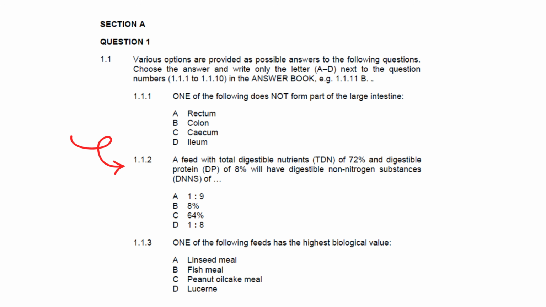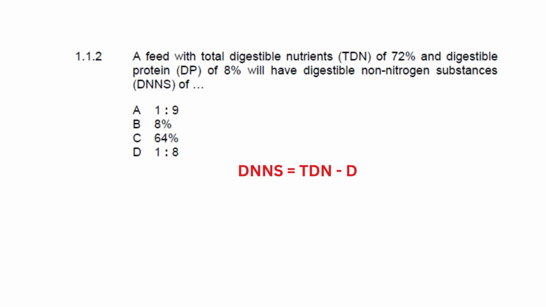Now, what does this mean? This one needs you to have a piece of paper. In your exam book, you will have somewhere to write it down, because you have to do a quick calculation, or you can calculate it in your head. The digestible non-nitrogenous substances is equal to the TDN, the total digestible nutrients, minus the DP.